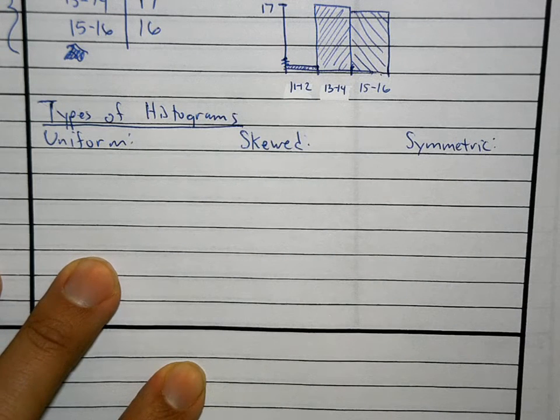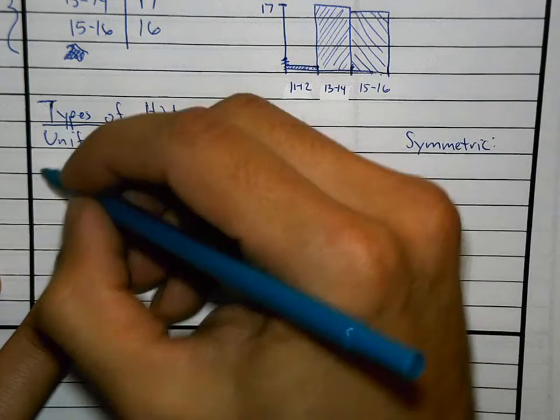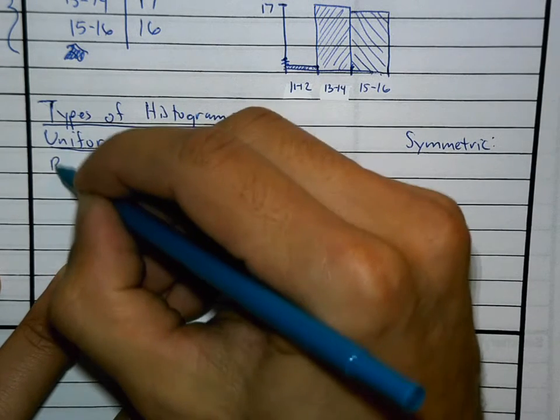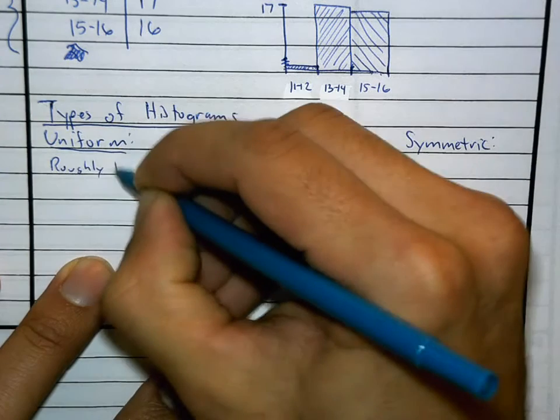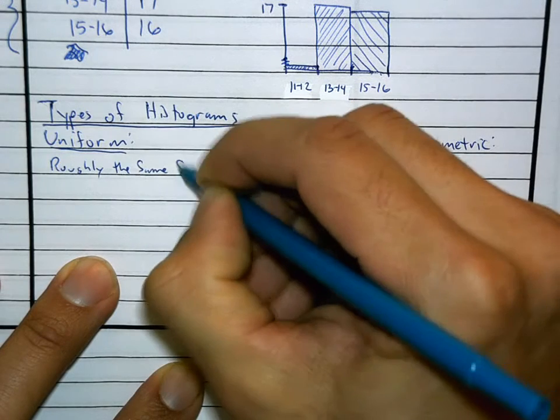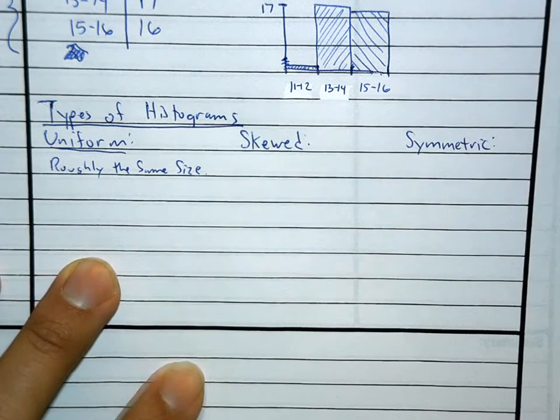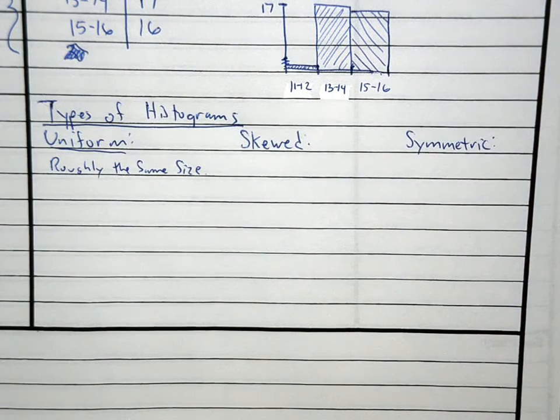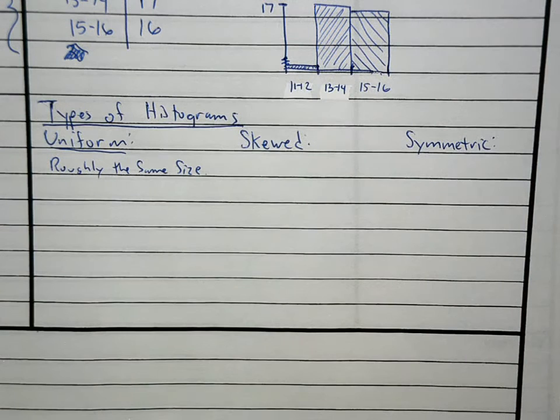And you're going to have to decide. So uniform is when it's roughly the same size. I'll give you an example.